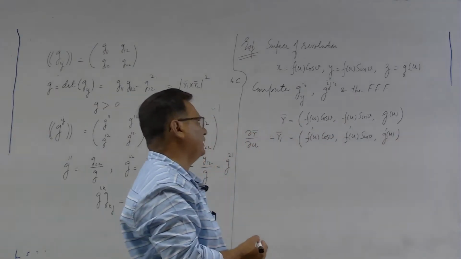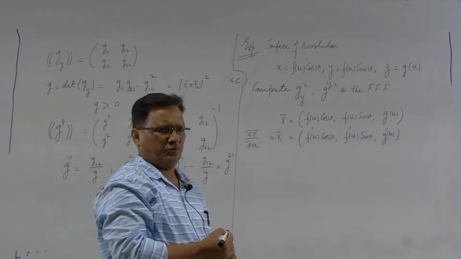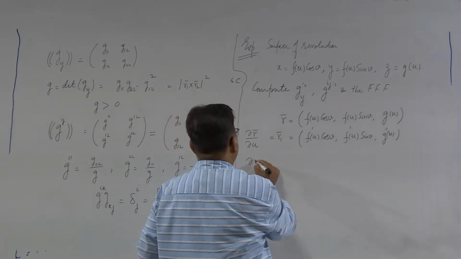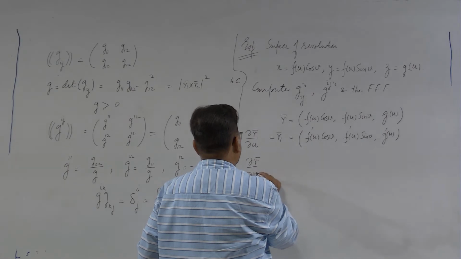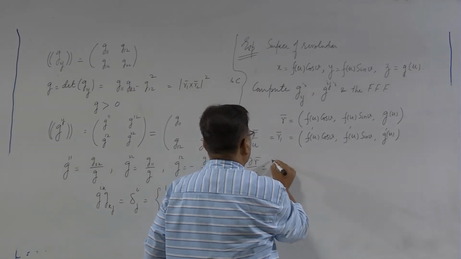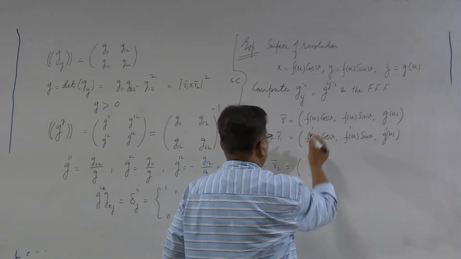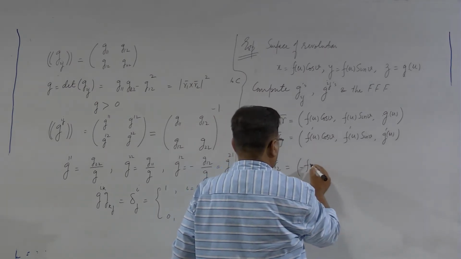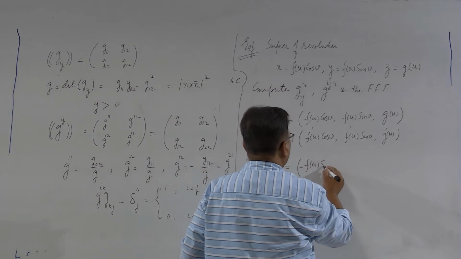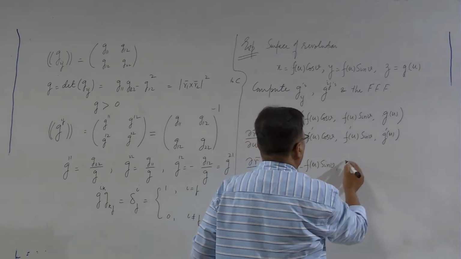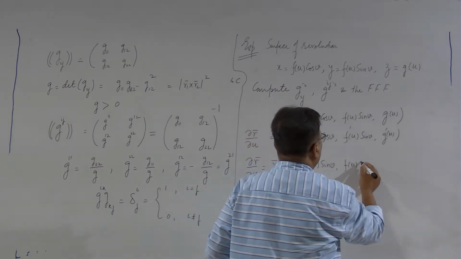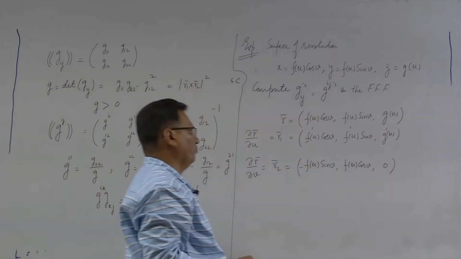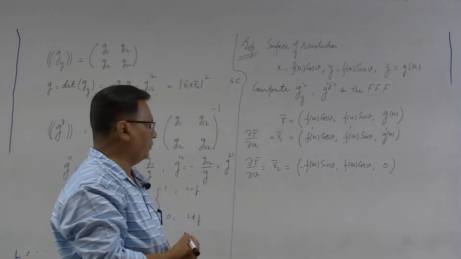Here dash stands for the derivative with respect to u, that is obvious, and then del r over del v is r 2. So, differentiating r with respect to v will give you minus f u sin v, f u cos v, and the last component will be 0, because it is simply a function of u.